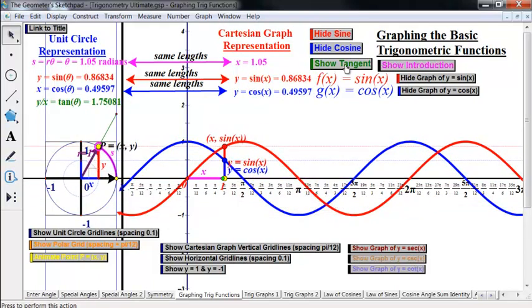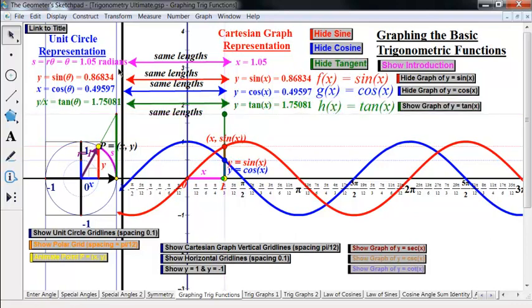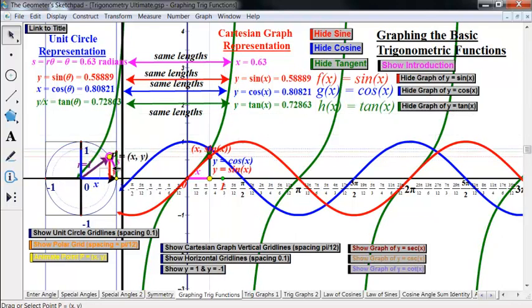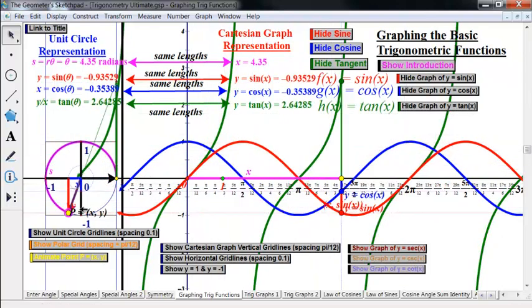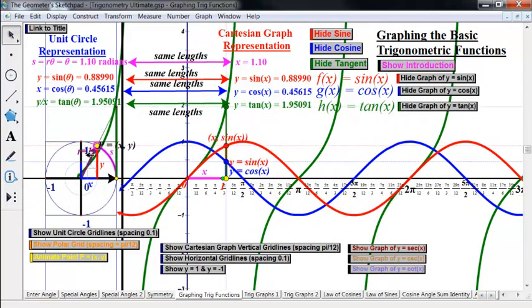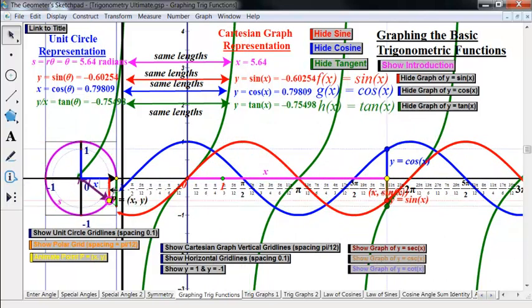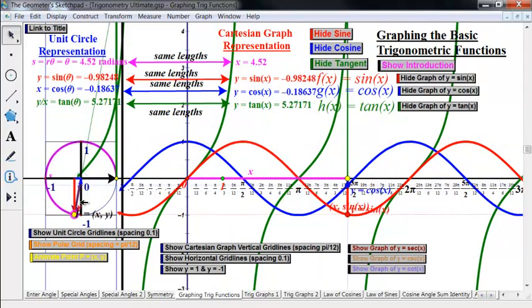The tangent on the left is found by taking this tangent line to the unit circle at the point 1, 0, finding where the line through the origin and this point on our terminal side goes through this, and the y value there is the value of your tangent. And so as you rotate around, you can see the same x there tracing out the sine, the cosine, and the tangent.